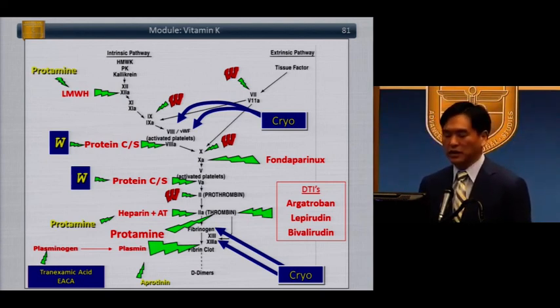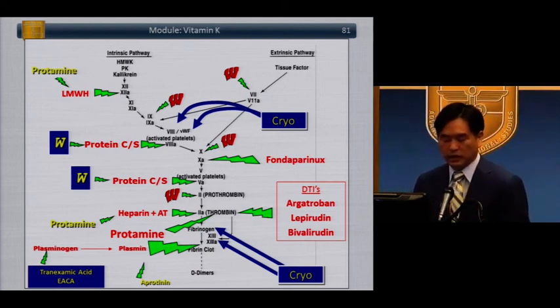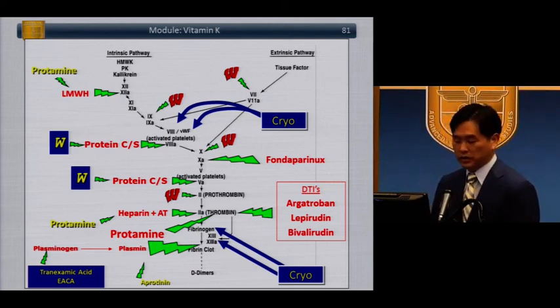We know about heparin. Heparin needs antithrombin, or facilitates antithrombin to inhibit thrombin. Okay? We also know that antithrombin used to be called antithrombin 3. And that protamine will reverse the heparin, which is why protamine here is yellow. Protamine also works on low molecular weight heparin.